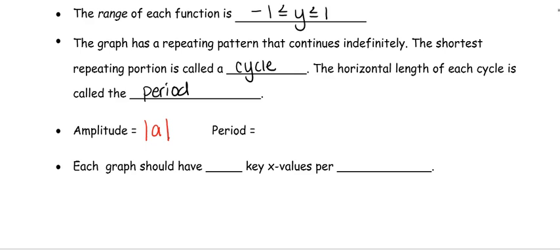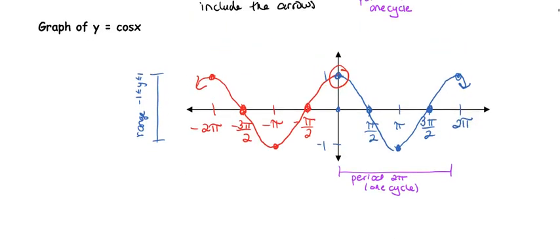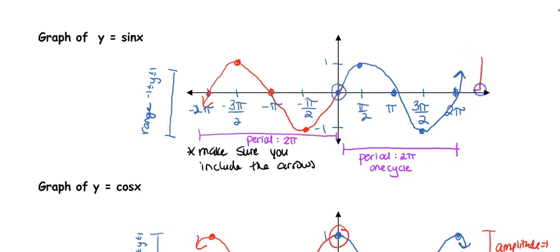What's the distance between each of the levels? So as you go from one point to the next, in this case, our amplitude is 1. Because from 0 to 1, 0 to -1, you're moving a distance of 1. Your amplitude is the distance between your levels.